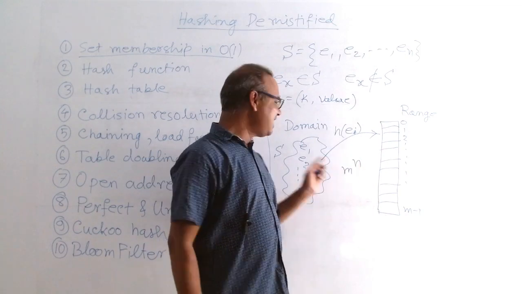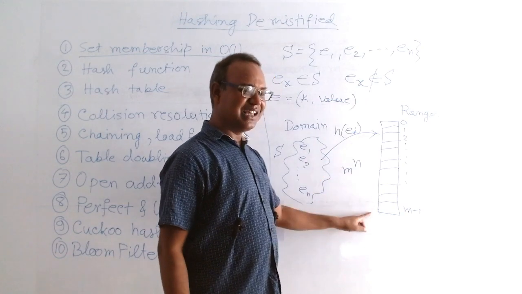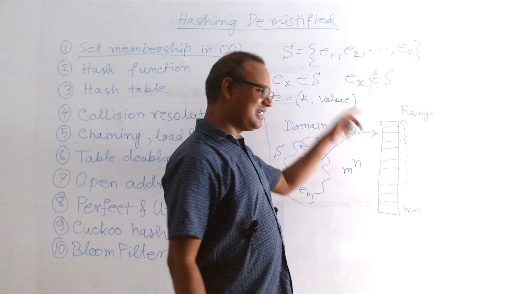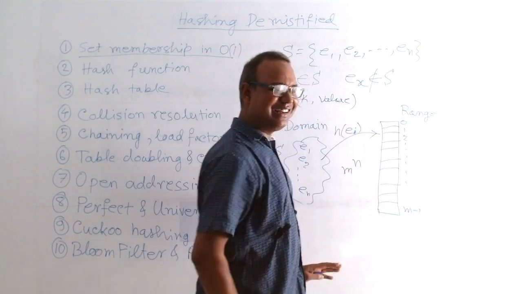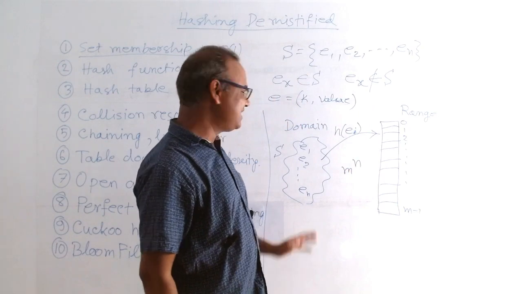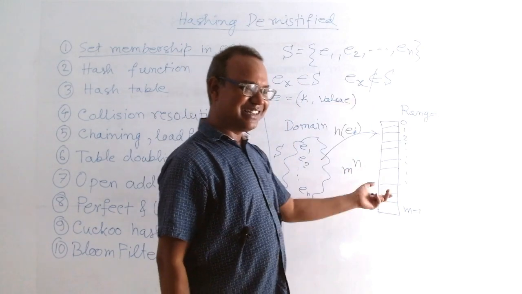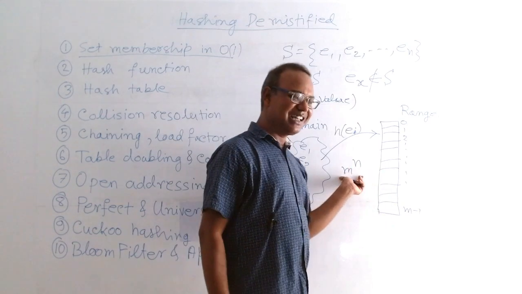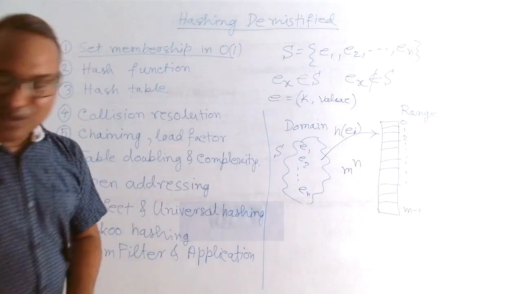So this element u1 has m options to choose from. The second element has m options. The third element has m options, and they are independently brought and assigned to the table. Okay. So if the function assigns the elements independently, then there will be m to the power n such functions.